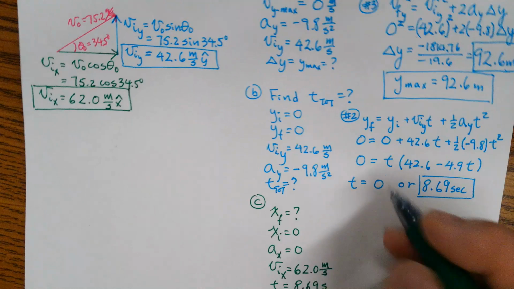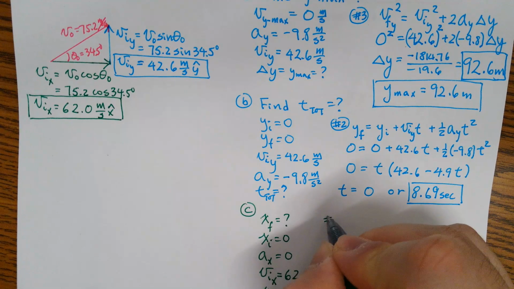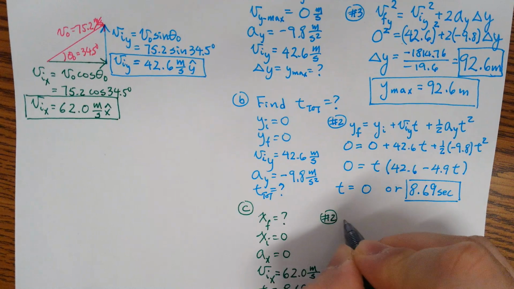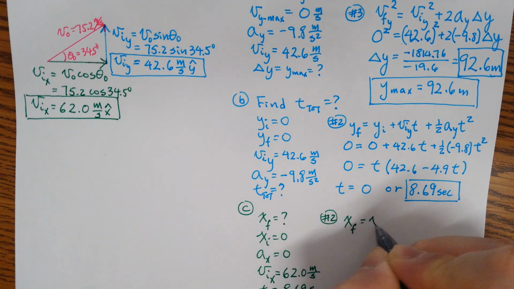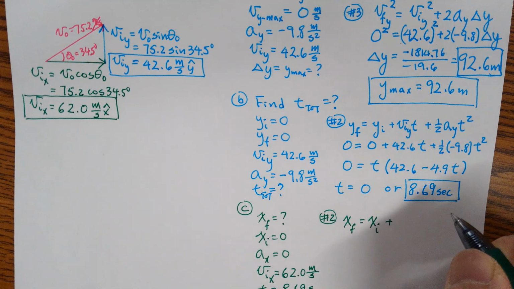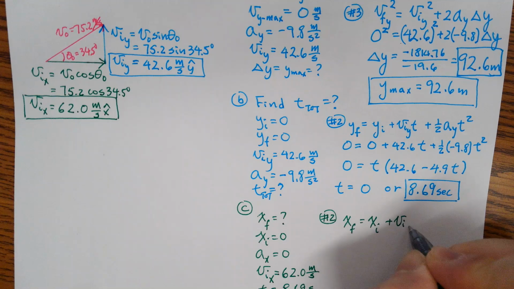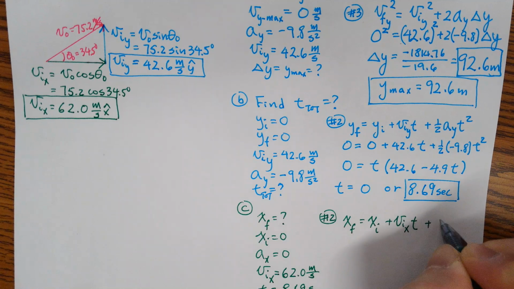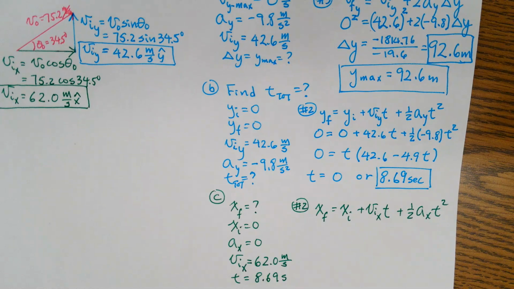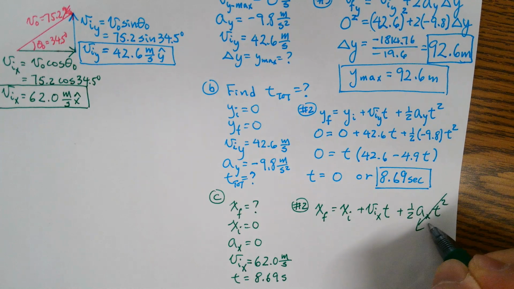So we could use our equation number 2 again, which is x final is equal to x initial plus v initial x t plus 1/2 a sub x t squared. A sub x is 0.